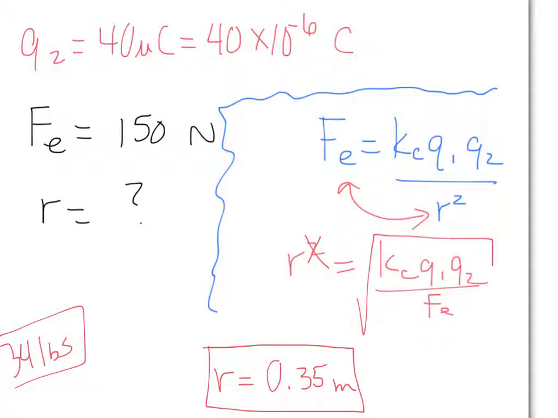Microcoulombs is not a large charge. Yet, even with a not large charge, a foot apart presents you with 34 pounds of force. So the electric force is a very, very large magnitude force, relatively speaking, compared to the gravitational force. If you just look at the magnitudes, the electric force is a lot stronger than the gravitational force.